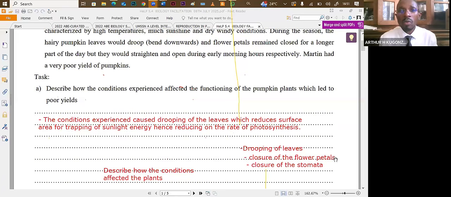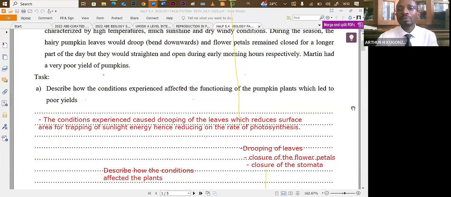So that is how we respond to such scenarios. Please, I again caution you, don't cram these answers that I'm giving you, but rather look at the skills that you're going through to have them responded to.